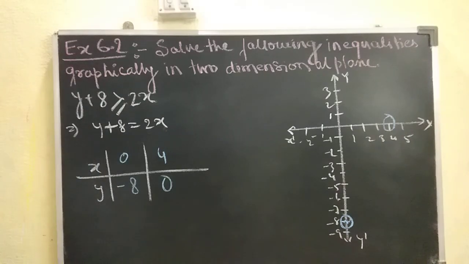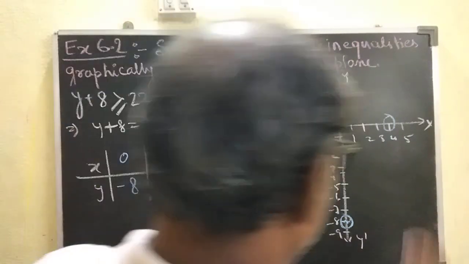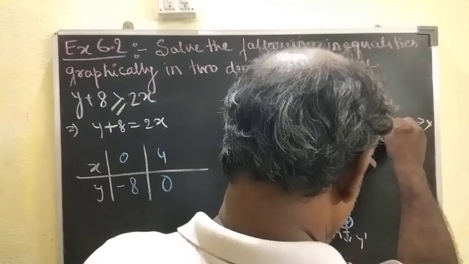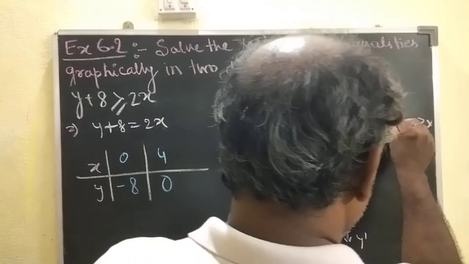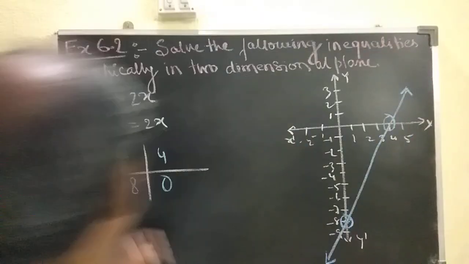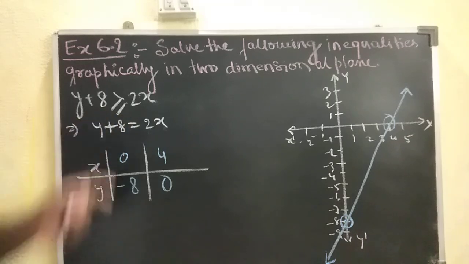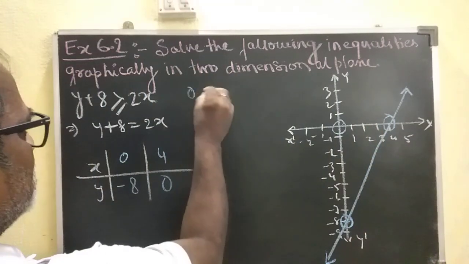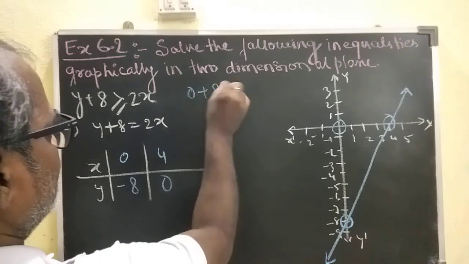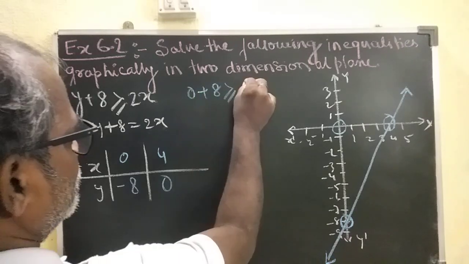Now we can see that it is an equal to sign here, so we straight away join in this way. Now we'll see, it is not passing through the point 0, 0 here, so we write 0 plus 8 is greater than or equal to 0.